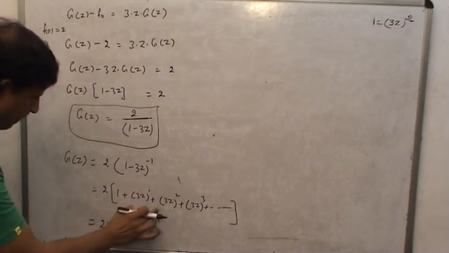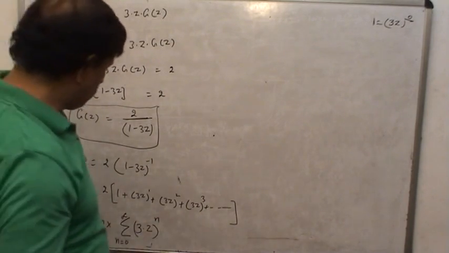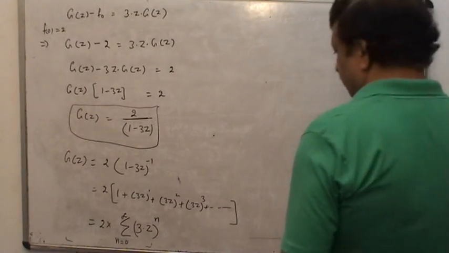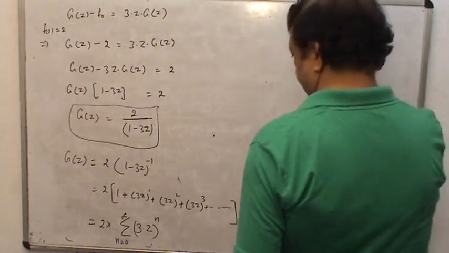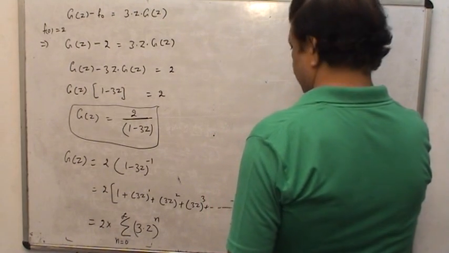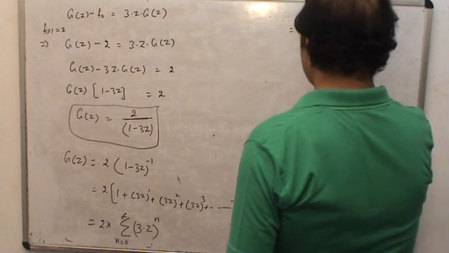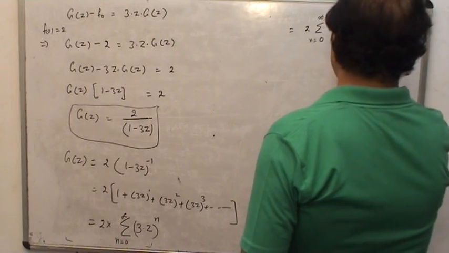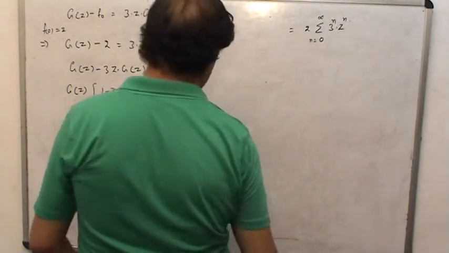So we can write this sequence in this form: 2 into sigma n varies from 0 to infinity (3z) raised to the power n, that is equal to 2 times sigma n varies from 0 to infinity 3 raised to the power n into z raised to the power n.